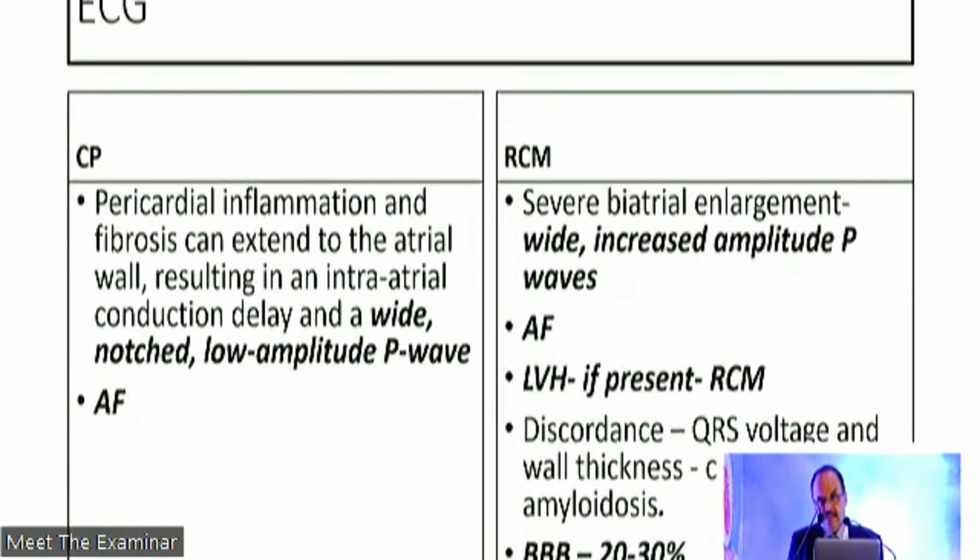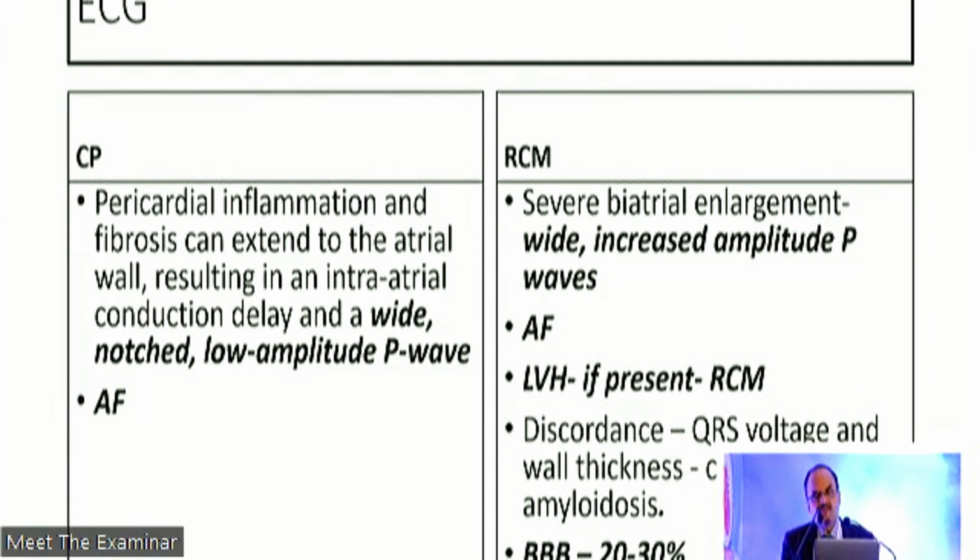As far as ECGs are concerned, there are no particular or specific features. However, there are some features which are present in constrictive pericarditis. Please remember that pericardial inflammation can spread into the atria also and can lead to interatrial conduction defects.